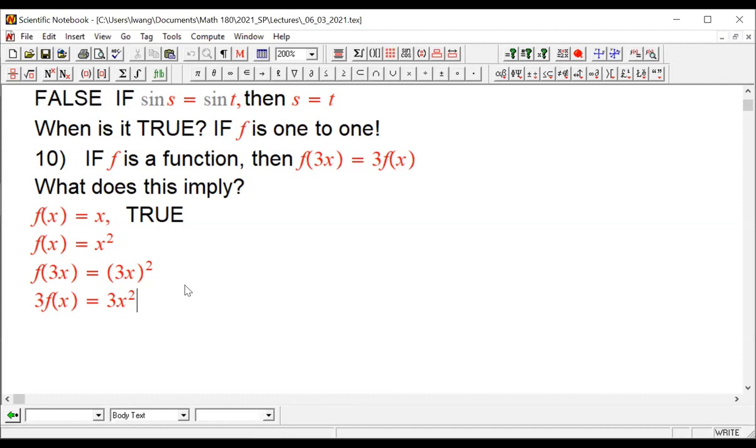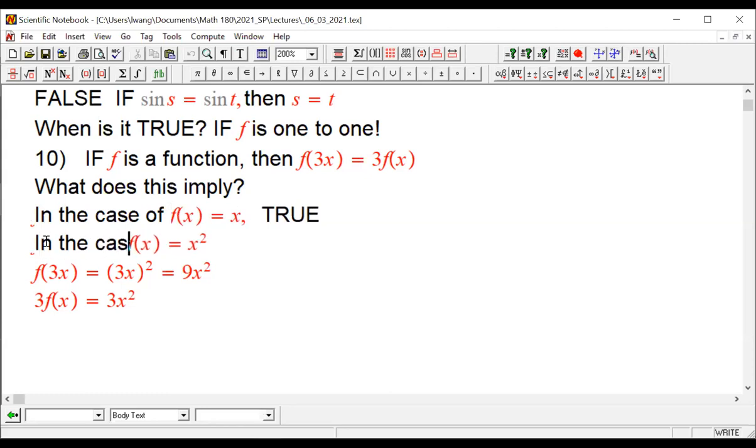Are they the same? This first one equals 9x squared. Are they the same? That's false, right? So in the first case, that's true. And in the second case, that's false.